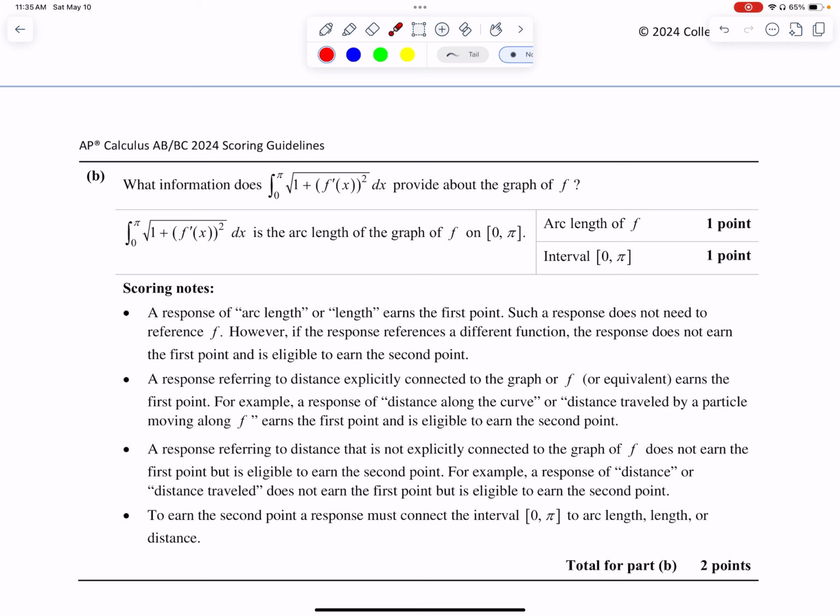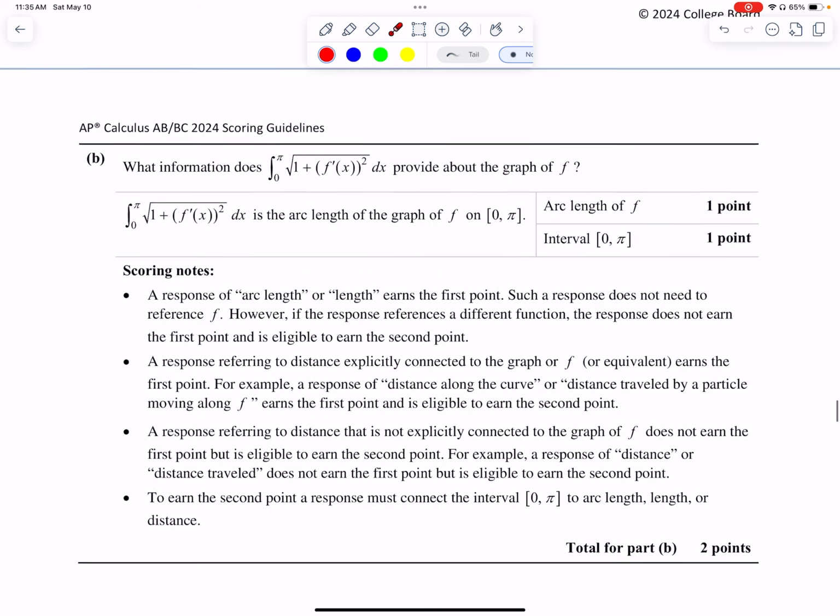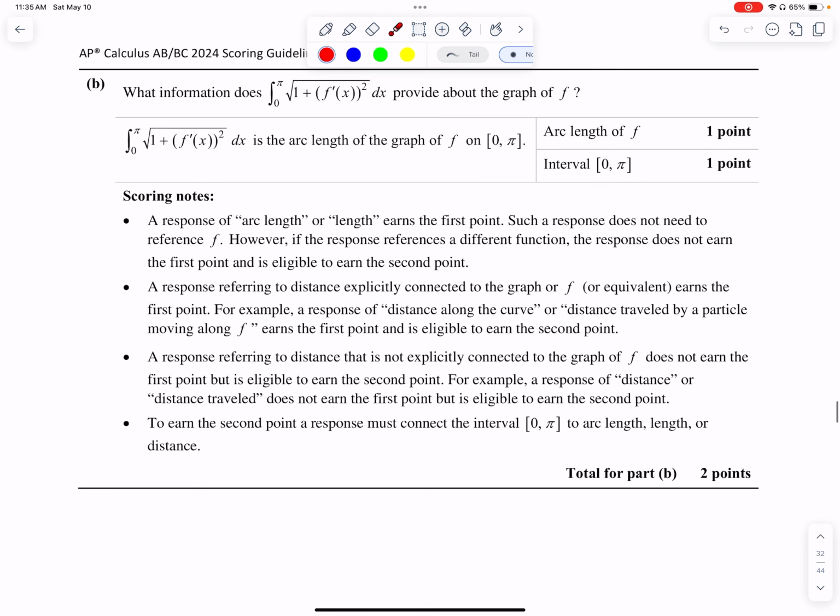That's strange. Anyway, they did say that it's arc length, and you get a point for saying that it's arc length of f, and then you get a separate point for the interval. Okay, I thought it was just a single point for the interpretation on this one, which means that one of these points I have to take it away from something else that I did up there. Okay, we'll see what that's all about.